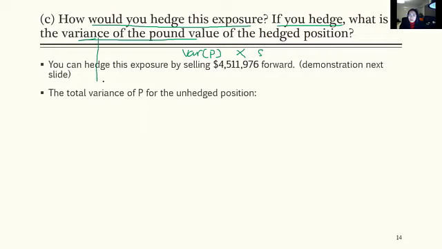So this number here will be the difference between the total variance, which is var P, minus the variance explainable by exchange rate movements, okay? I'm just going to write this. So this is the variance of the asset value attributable to exchange rate risk movement, okay?